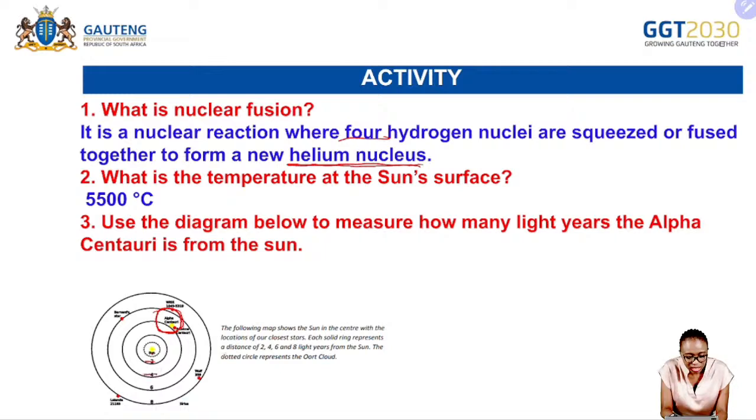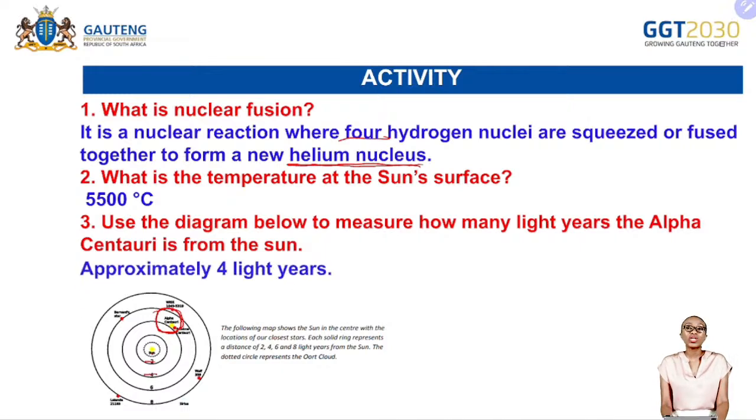So it is approximately, not exactly, 4 light years away from the sun. So that's how far Alpha Centauri is. It's a star, the star Alpha Centauri.